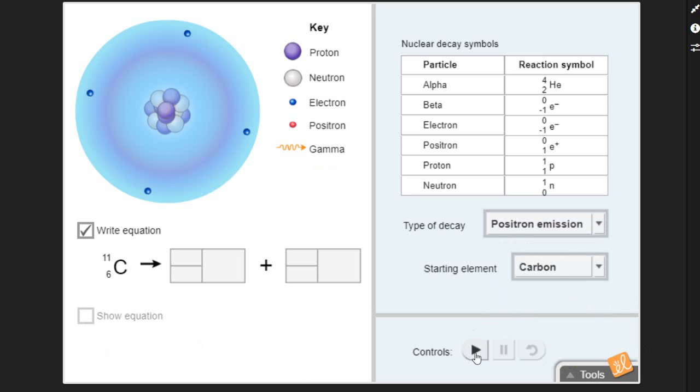What element do I have now? Carbon 11. How many protons? 6. How many neutrons? 5. So now I have more protons than neutrons. Let's watch what he does.